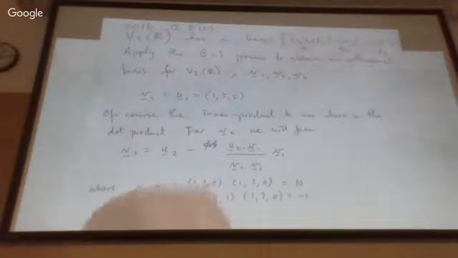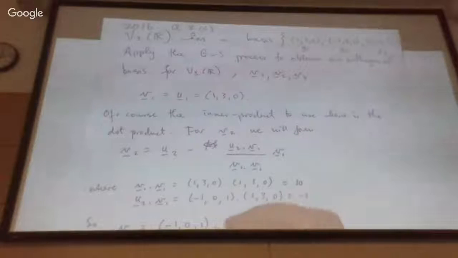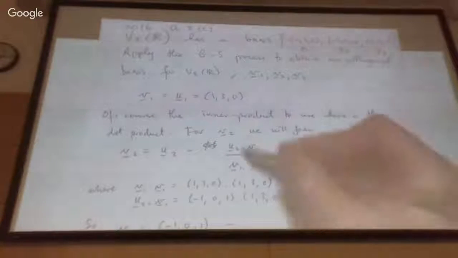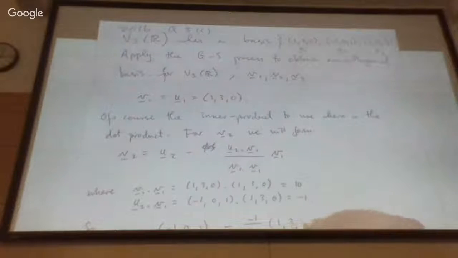So V2 is the old U2, (-1, 0, 1), minus the ratio, -1 over 10, times V1, which has already been constructed. This is (1, 3, 0).